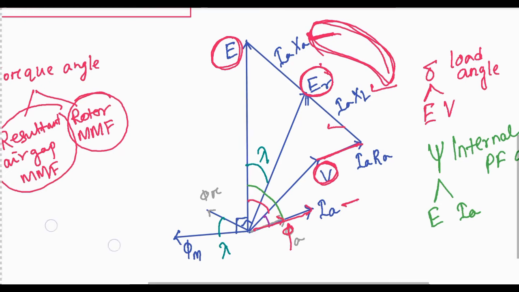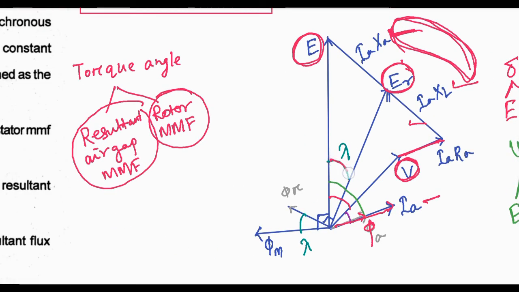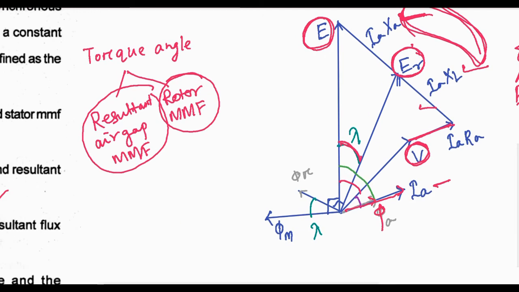And what is lambda? Lambda is the torque angle. Torque angle is defined between E and ER, that is the excitation voltage and the resultant air gap voltage. And in this question, MMF is given, so what are the MMFs? One MMF here is the excitation MMF, that is phi m. I can write here Fm. Another is the resultant MMF. What is the resultant MMF? One is this one and another is this one, the resultant of excitation and load.